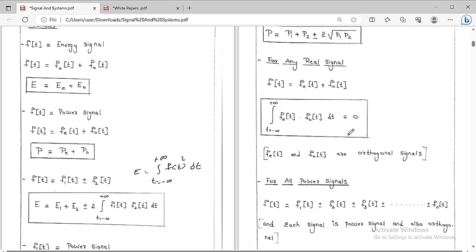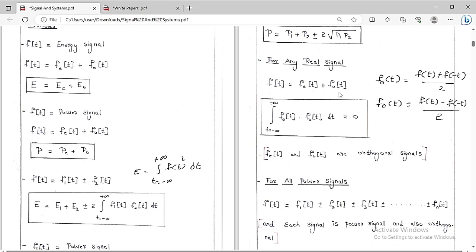If you want the even part of the signal, I've already told you how to get it: f e of t is equal to f of t plus f of minus t, divided by 2. If you want the odd part of the signal, it is f of t minus f of minus t, divided by 2. So these things you always have to keep in your mind.